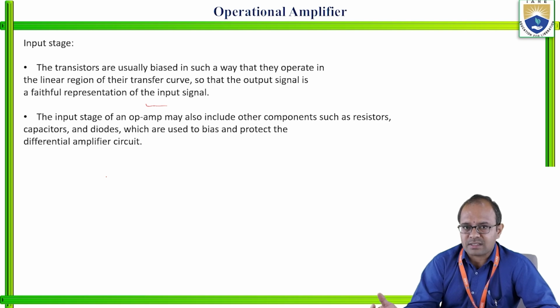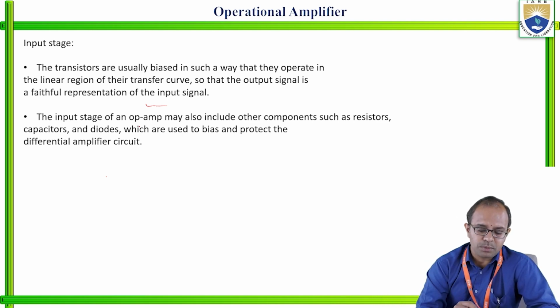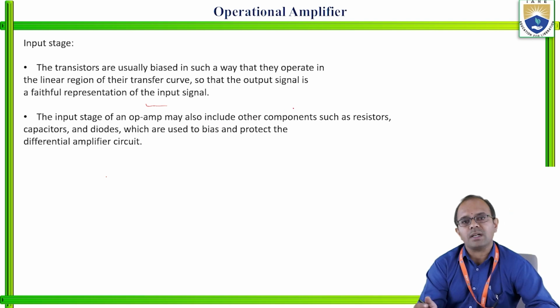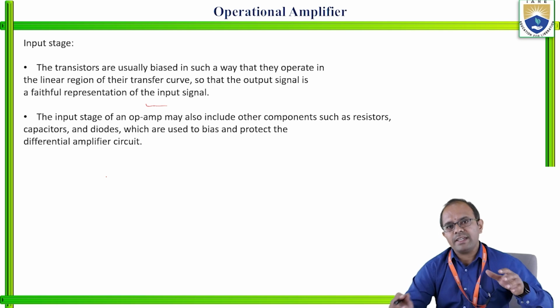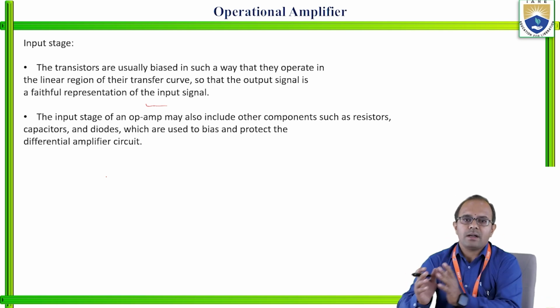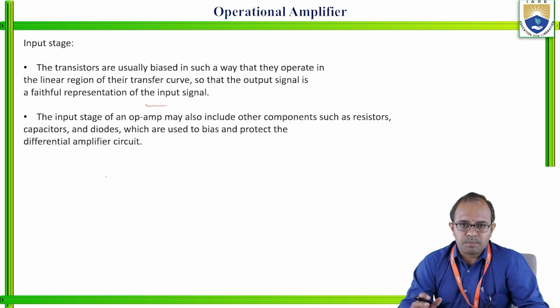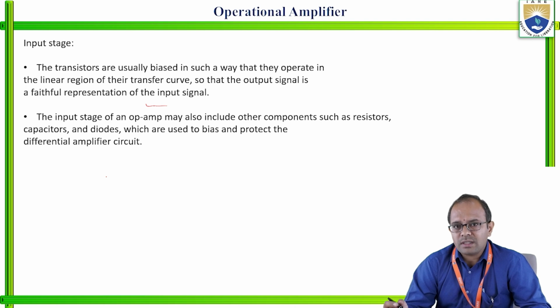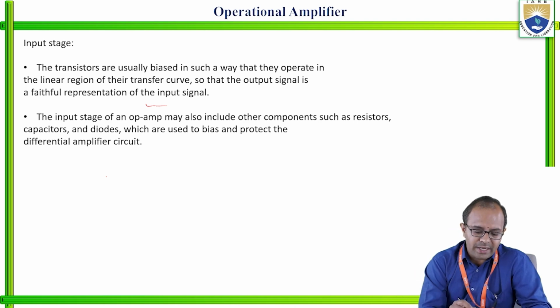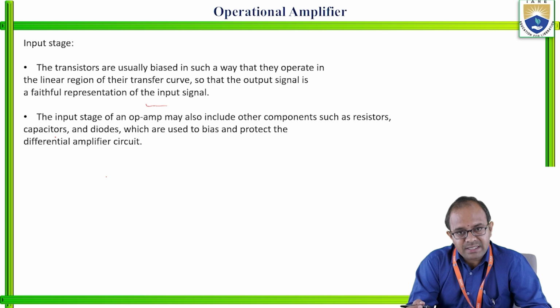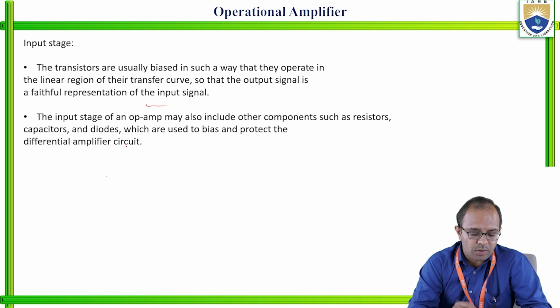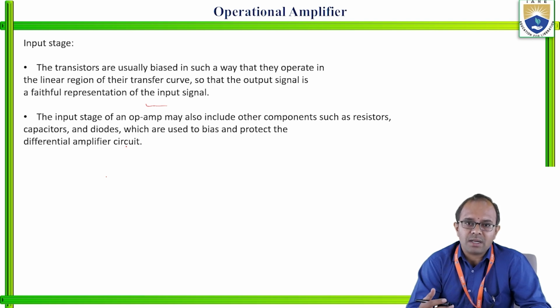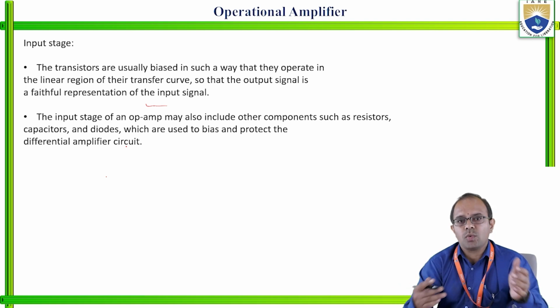And further, if you observe, the input stage of the op-amp may also include other components. So what are the other components? Tell me, is it enough to have only transistors to meet the requirements as the first stage? No. Along with the transistors, we need resistors and capacitors. It may be required to have diodes to overcome some additional drawbacks, because you are in the input stage.